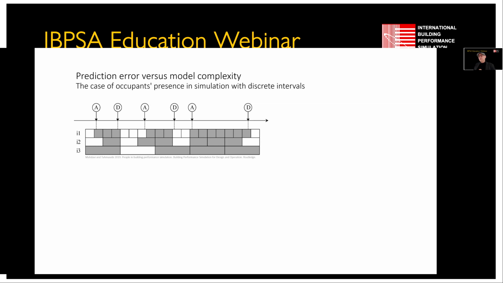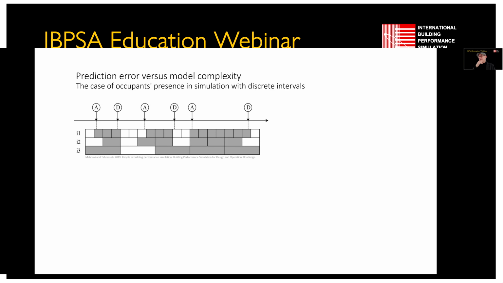A simple example is the hourly intervals that we assume during an annual hourly simulation, where we have the choice of representing these intervals as 1 hour, maybe half an hour, or 15 minutes.